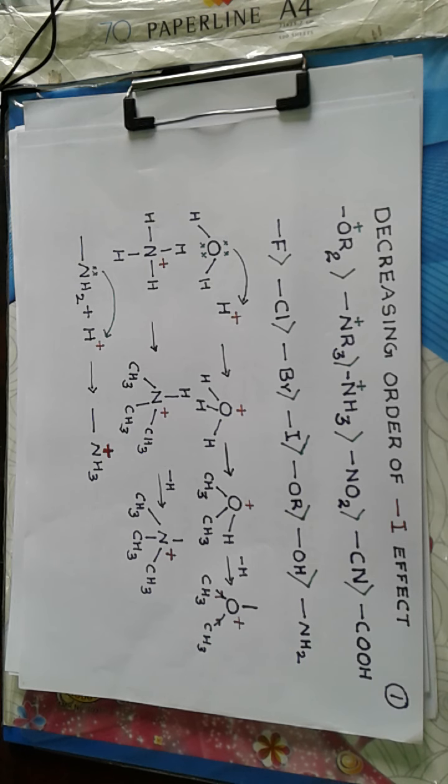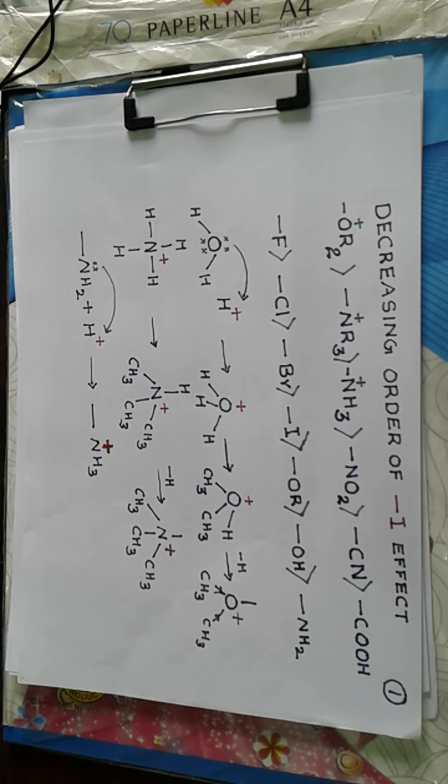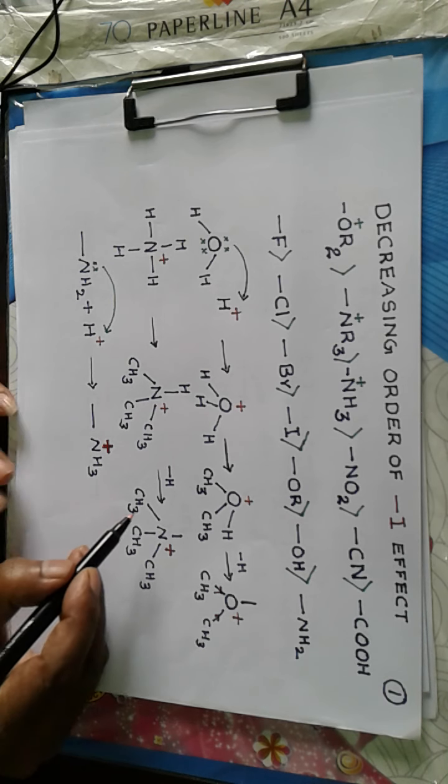When we come to N(CH3)3 positive, there are three methyl groups which will show plus I effect.